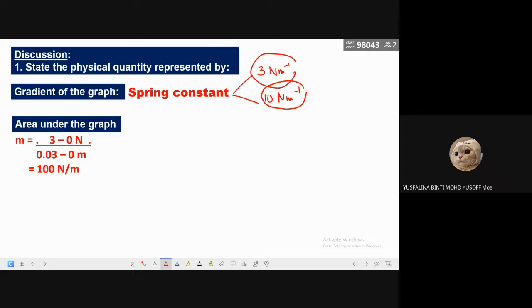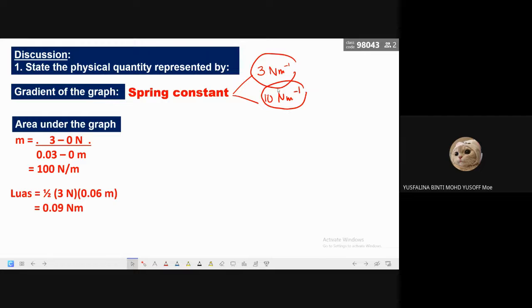The higher the spring constant, the higher the stiffness of the spring. It means you need more force to stretch the spring.